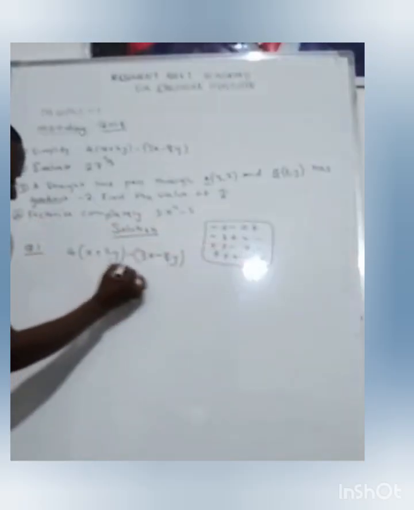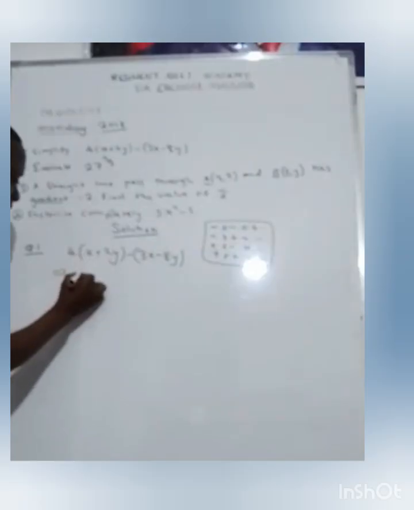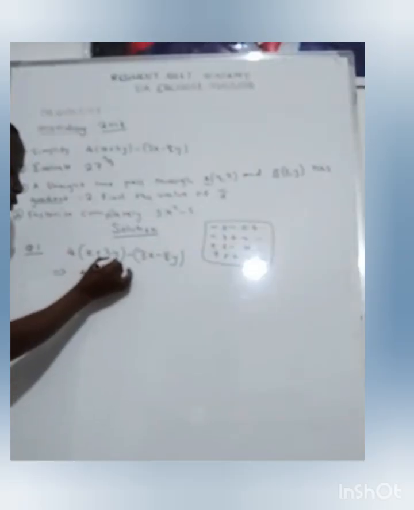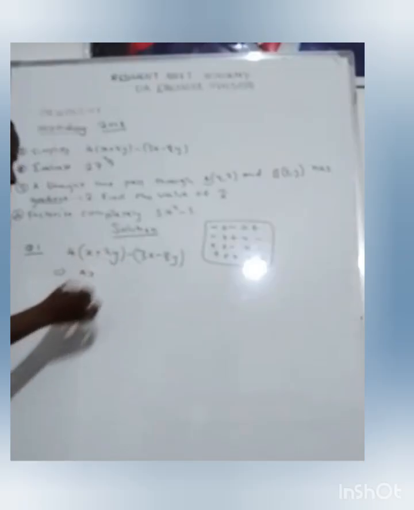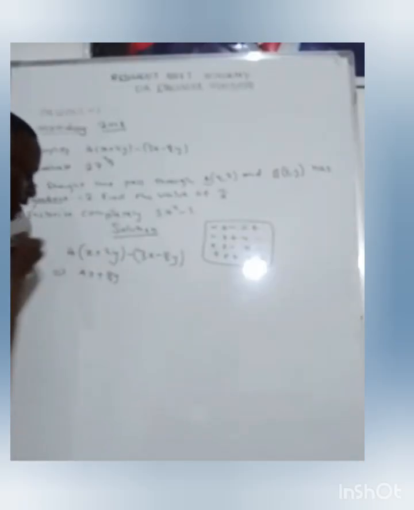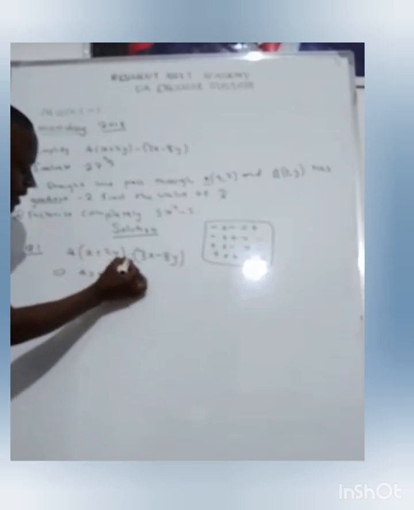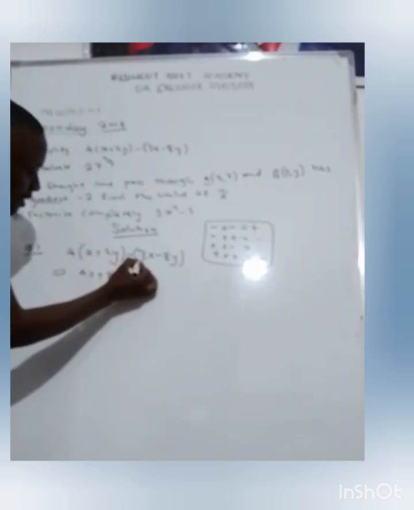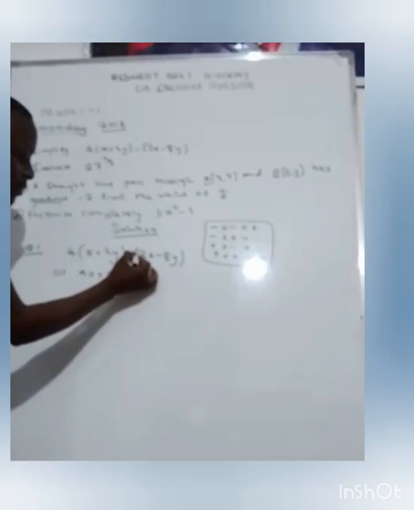From here, you can go ahead and say 4 multiplied by x, it is 4x. 4 multiplied by 2y, so 4 times 2 is what? Is 8. So plus 8y. You are done with this part. So now here, negative times positive. This one is positive because there is no negative.